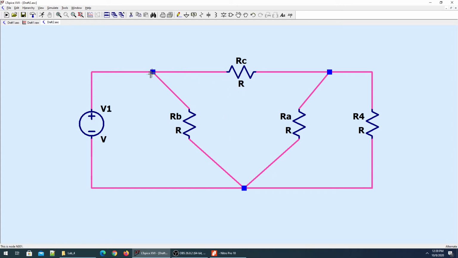Because I named the nodes A, B, and C, when I say A, the resistance opposite to it is RA, and if it is B, then the resistance opposite to it is RB. Similarly, the resistance opposite to the C node is RC. And I'm changing this resistance into RL.